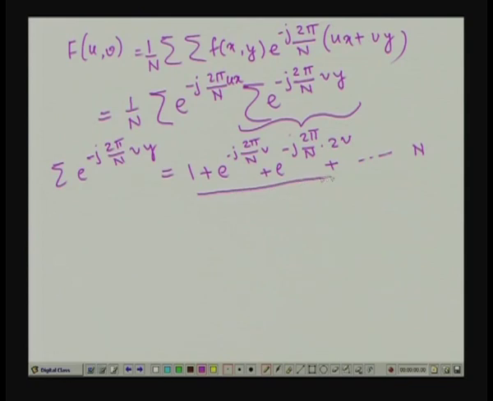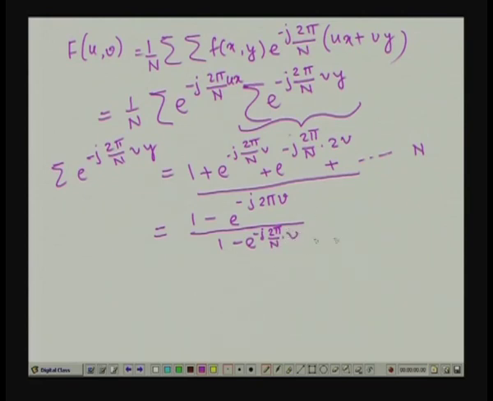And if you look at this particular series, it is nothing but a GP series having capital N number of terms. So, this summation will simply be 1 minus e to the power minus j 2 pi v, divided by 1 minus e to the power minus j 2 pi by capital N into v.